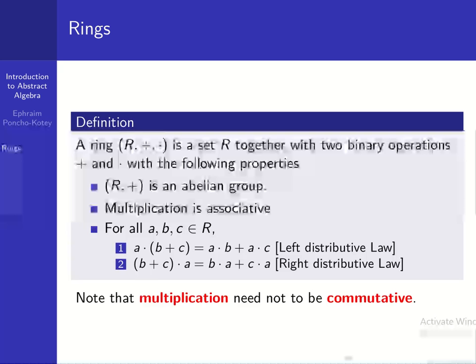Then the distributive law should hold, that is, multiplication is distributive over addition. So dot is distributive over addition, which means that the left distributive law, which says that a dot (b plus c) should be equal to a dot b plus a dot c, should hold, and vice versa. Note that in this case, multiplication need not be commutative. As we go on, we'll explain why it is so.